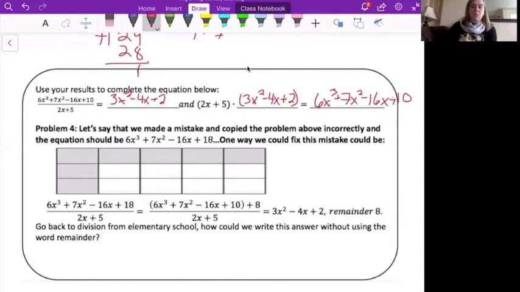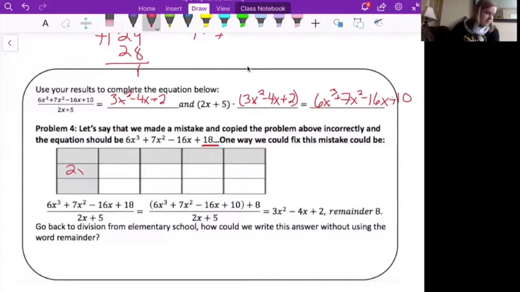Okay, so we know that that one works out evenly, it looks very nice. But let's say we made a mistake and we copied down the problem incorrectly, and instead of the equation, we now have plus 18 instead of plus 10. So the rest of our box is going to look the same.